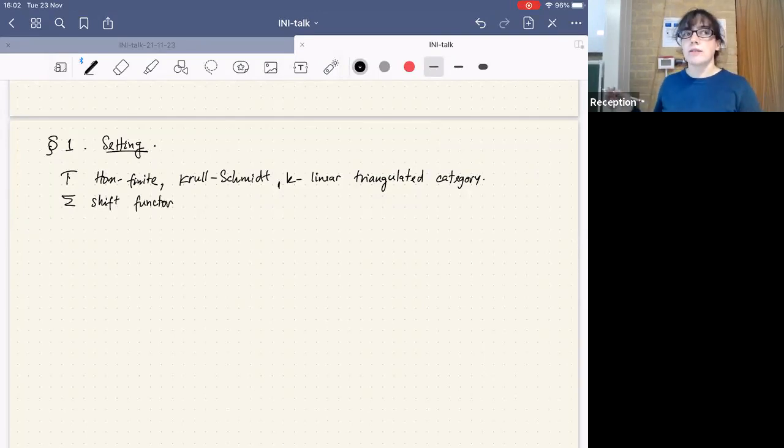And I want the category to have a Serre functor. So what's a Serre functor? I'll come with examples after this.